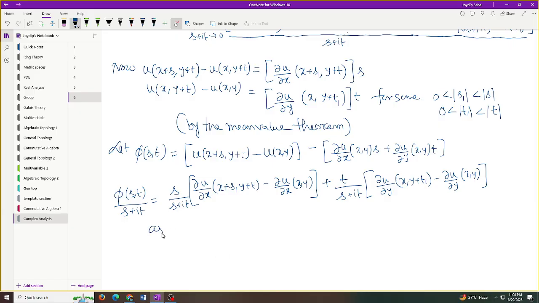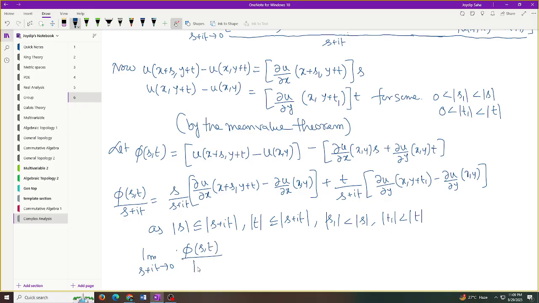Now as modulus of s by s plus it is less than or equal to 1, and likewise t, so what is the limit as s plus it tends to 0 of phi(s,t) by modulus s plus it?